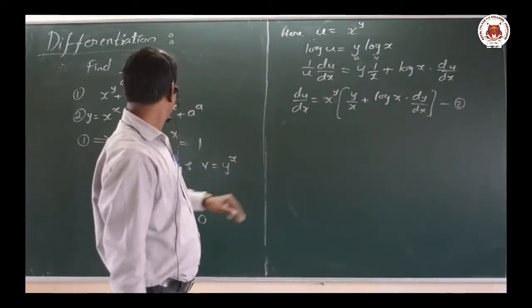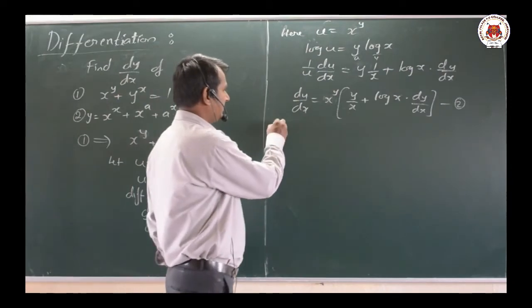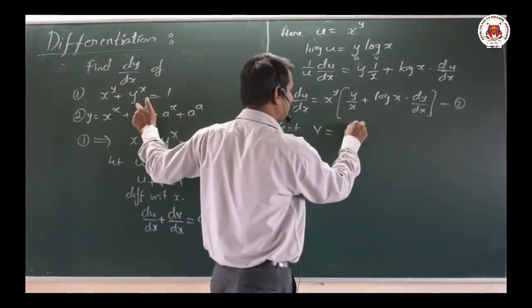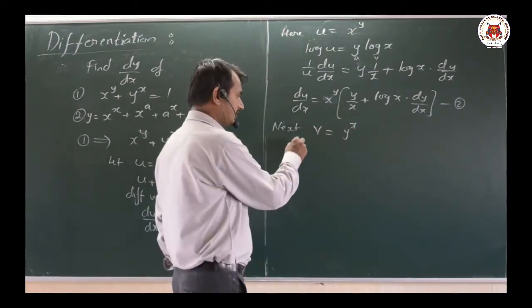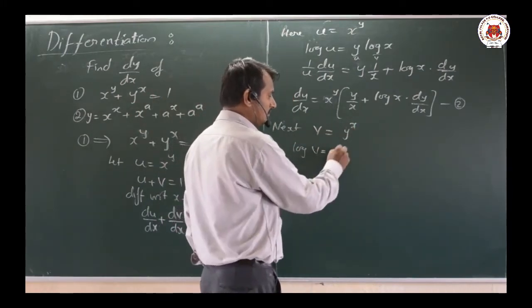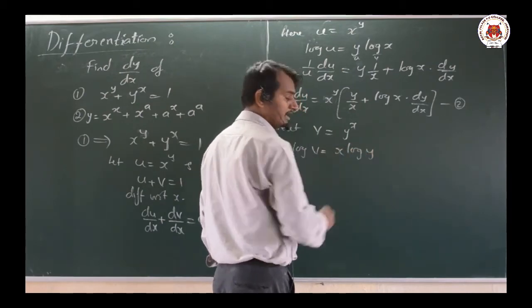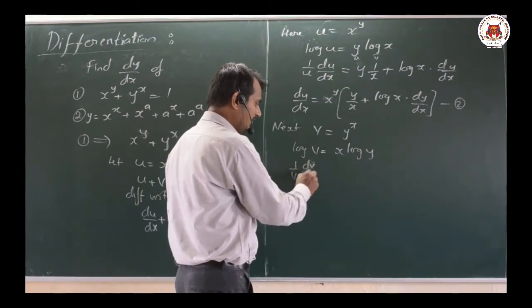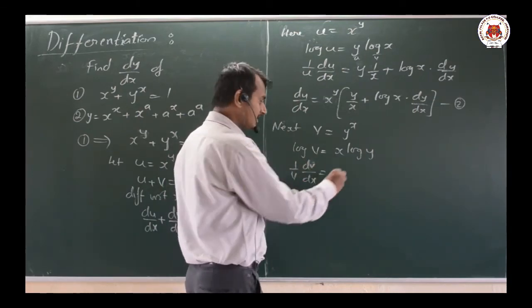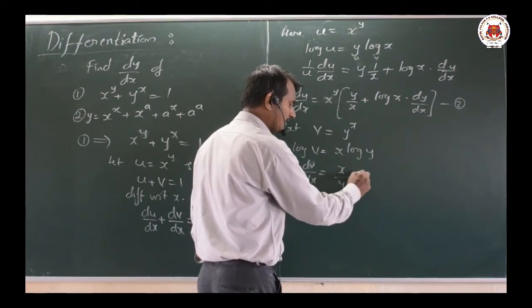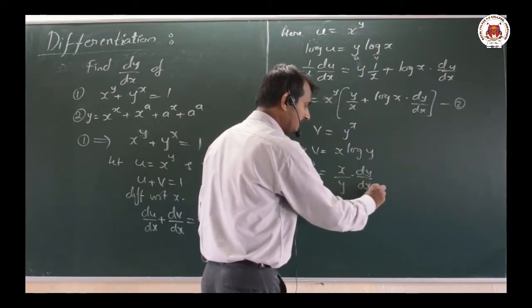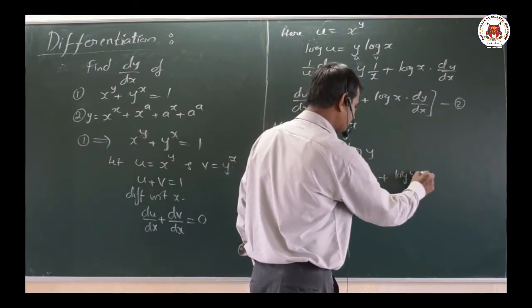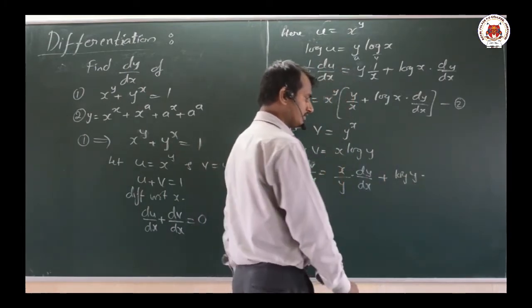Now the next part is y raised to x. Next, v is equal to y raised to x. Again take log on both sides, that is log v is equal to x into log y. That means 1 by v into dv by dx equals x as it is, times the differentiation of log y, which is 1 by y into dy by dx, plus log y as it is, times the differentiation of x, which is 1.